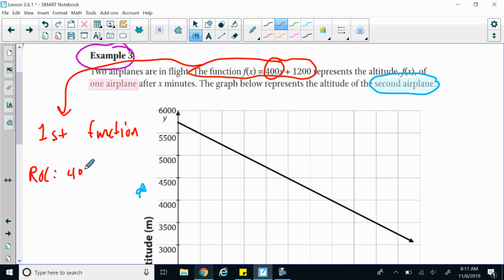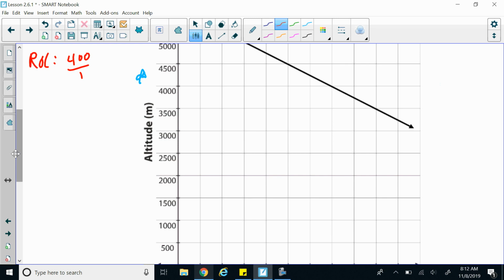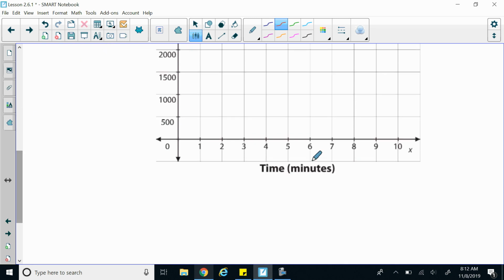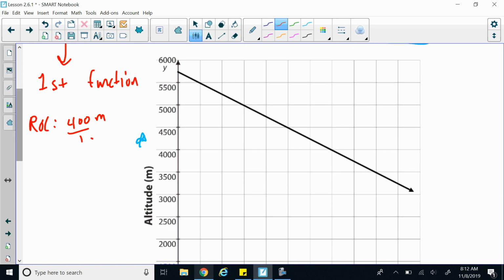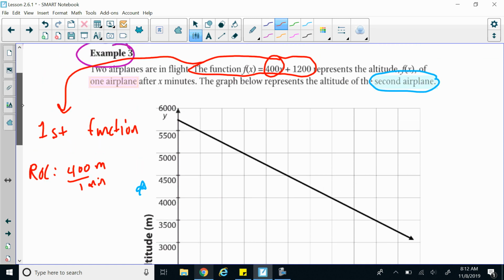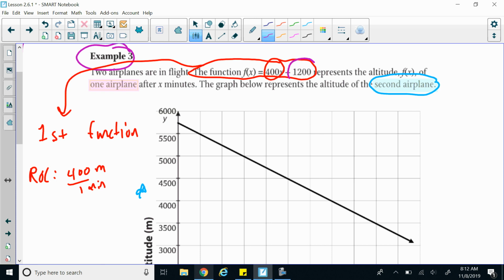So our rate of change is 400, or I'm going to put it 400 over 1, which is rise over run, which means 400 meters for every 1 minute, which is always important, to know your units. And then our y-intercept is going to be 0, 1,200. So that's the information from the first function.